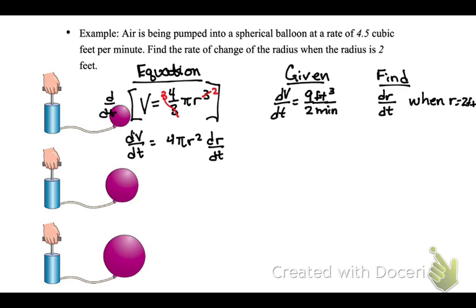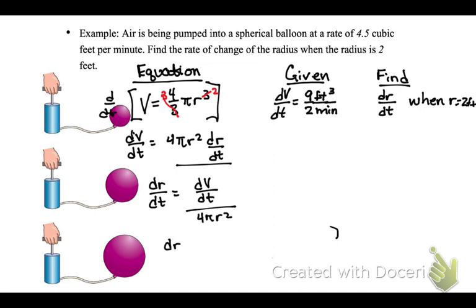You are correct, because right now it's set up to find dV/dt. That's why I brought up, should we plug in or solve first? So if I want to solve for dr/dt, I would divide by all of this stuff over here, right? Yeah. So dr/dt would equal dV/dt, which is 9/2, divided by 4 pi r squared.